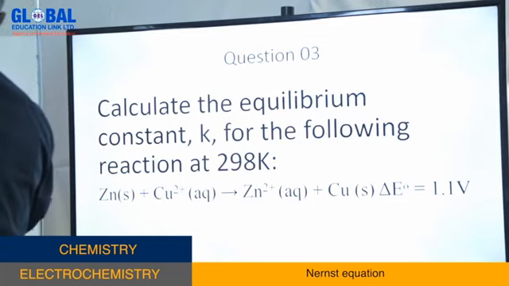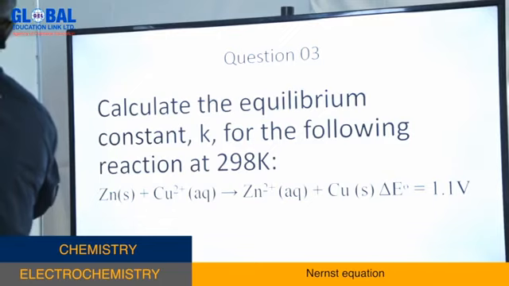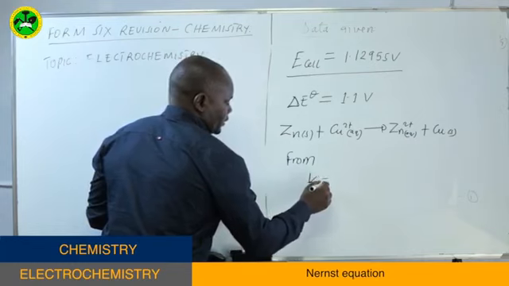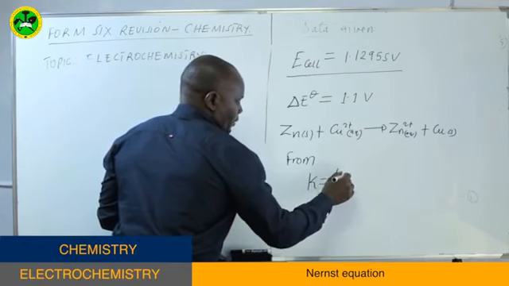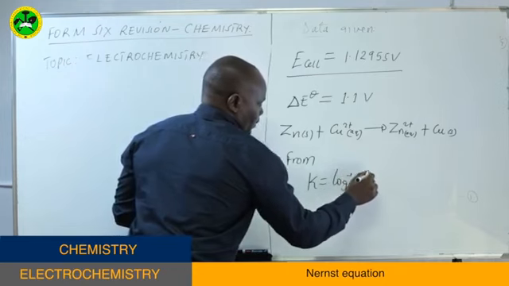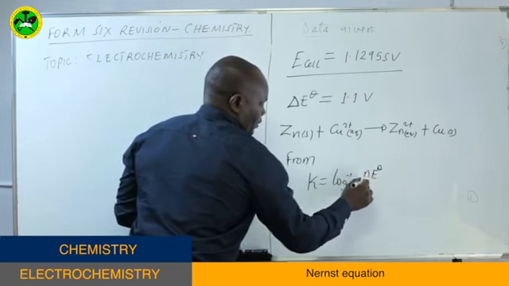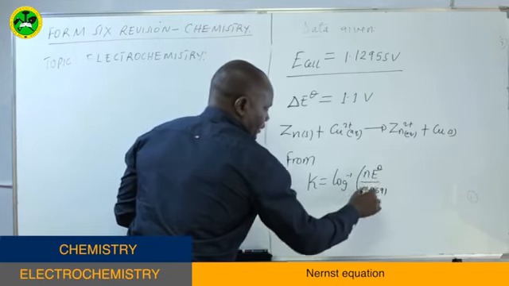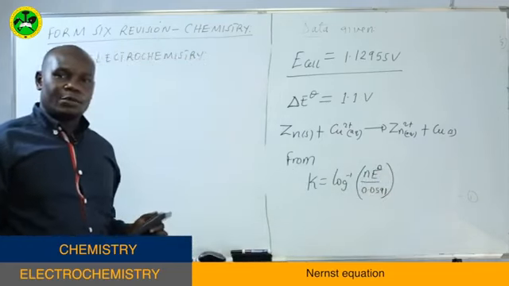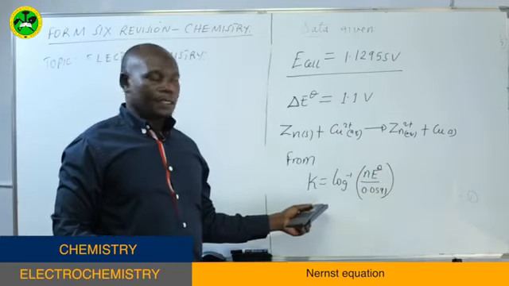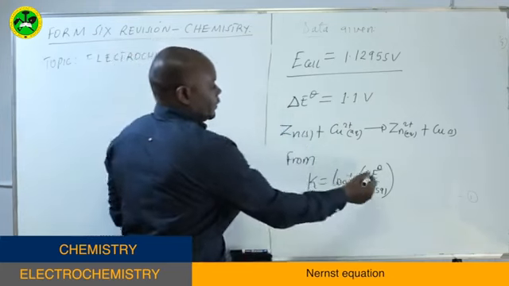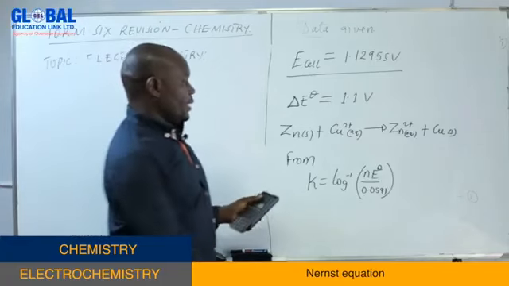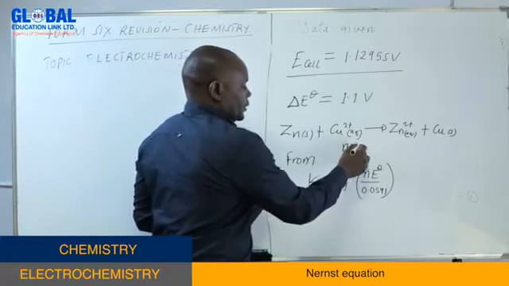Now let us recall that K is equal to log inverse of nE over 0.0591. This is our equation for the determination of the equilibrium constant. Now the data given here, we have the EMF of the cell or standard electrode potential of the cell, and n from that equation is 2.